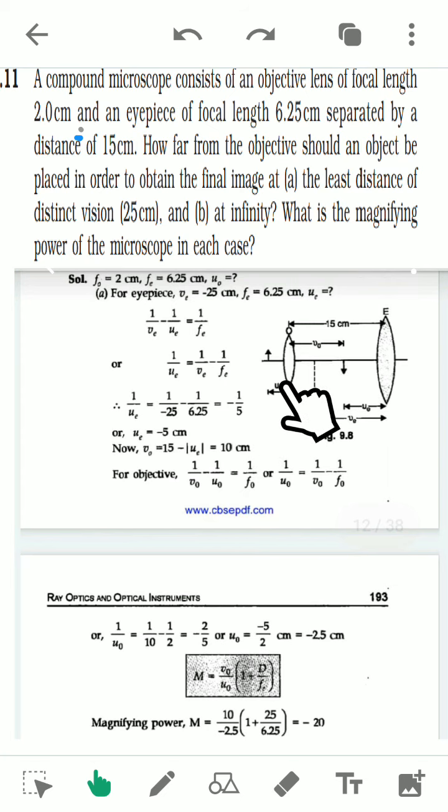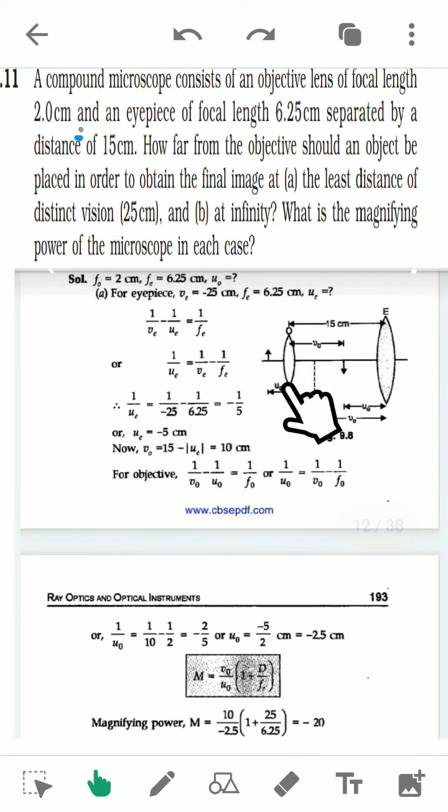The image formed by the objective lens acts as the object for the eyepiece. That we already discussed.